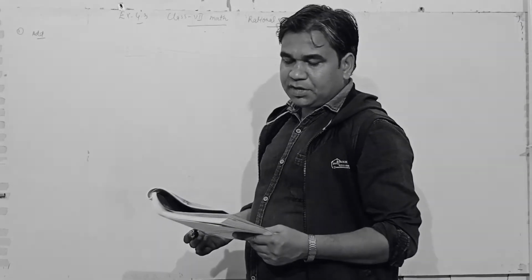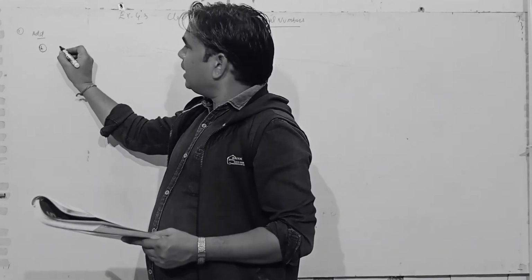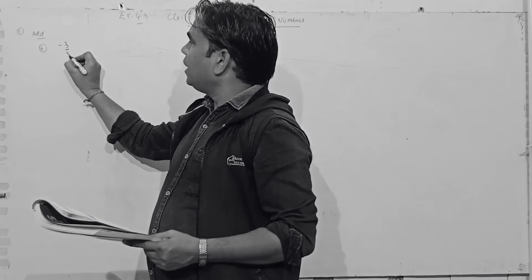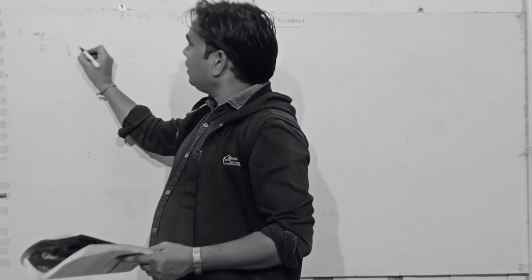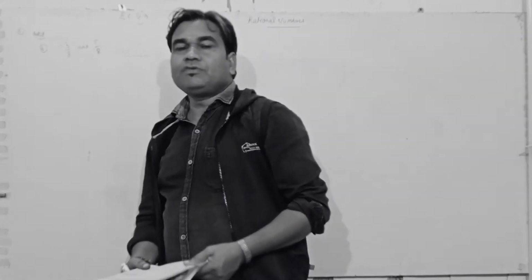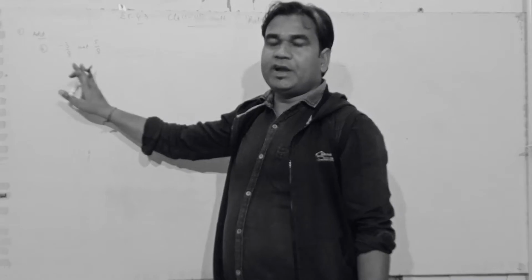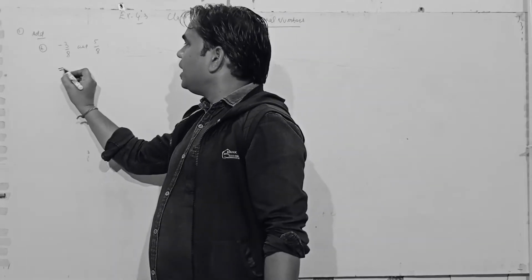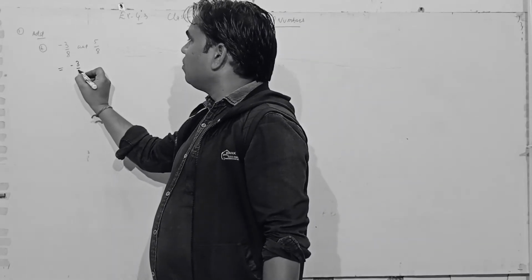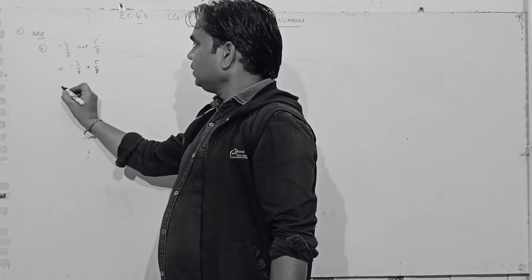Let me see the B part: minus 3 over 8 and 5 over 8. Here, students, in this question we have to add only. So minus 3 over 8 plus 5 over 8.